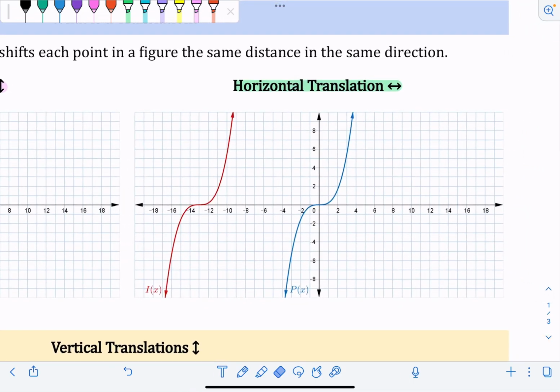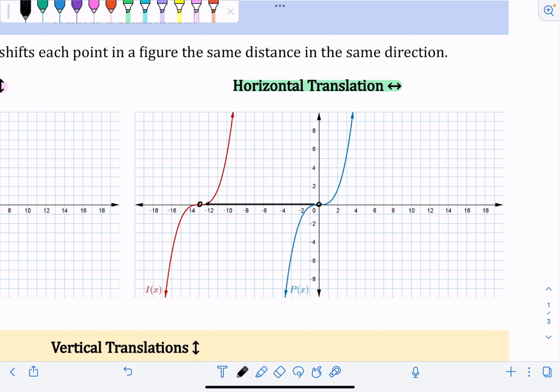And then a horizontal translation, horizontal just means moving left or right. So we want to focus on the same thing here. We zone in on a few key points to figure out how far we're moving our graph. So say we're starting with p of x again, and we're translating to get I of x. I'm going to focus on that point at 0, 0. And that point looks like it moves over 13 units and ends up right here at negative 13, 0.